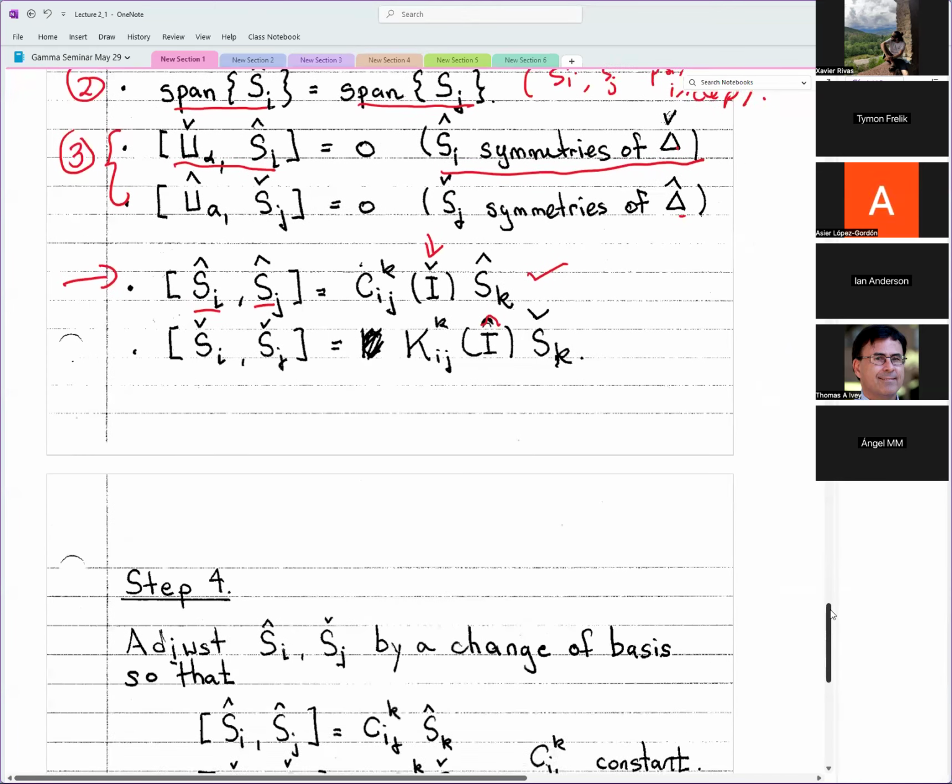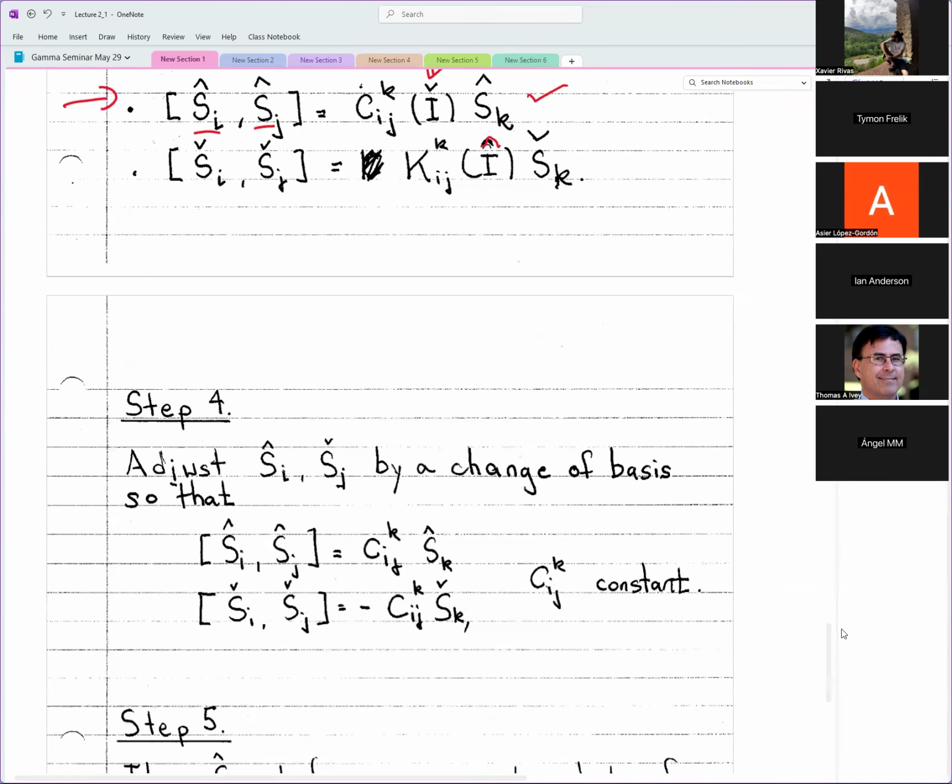The next step is, and this is written out very carefully in our paper with Feld, Vassiliou, and myself, you can adjust these vector fields by change of basis. So in fact, the structure functions here and the structure functions here are equal to each other, or maybe equal apart from a sign, depending on how you want to set it up, and are constants.